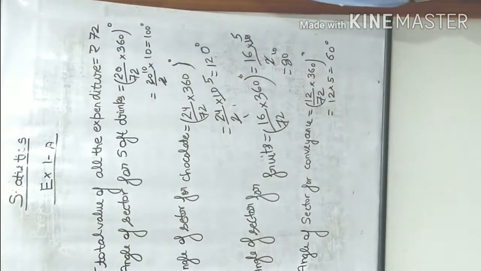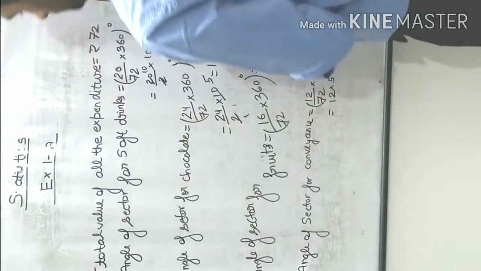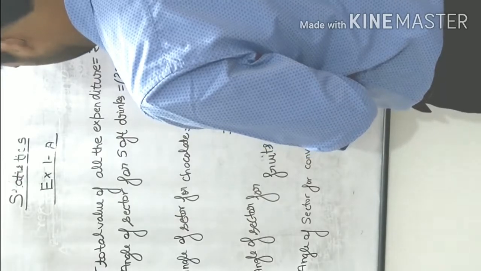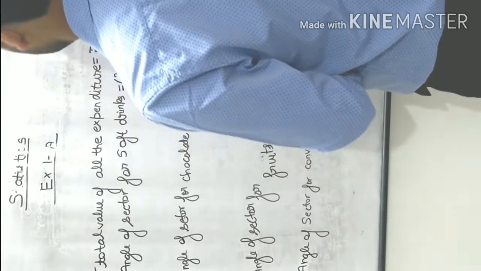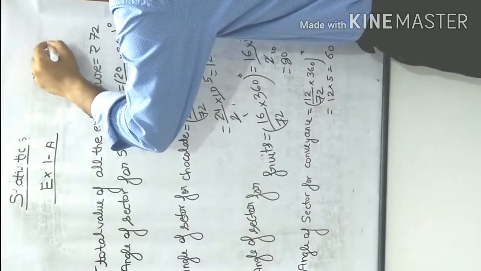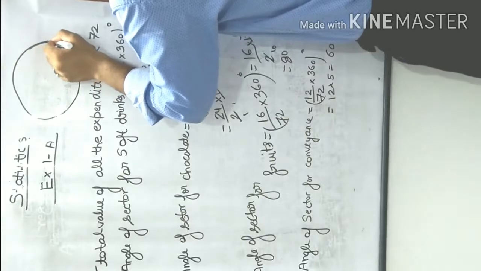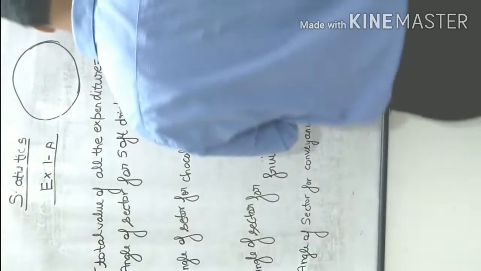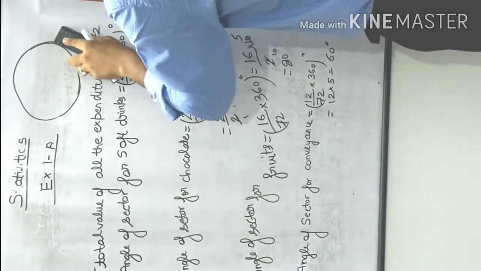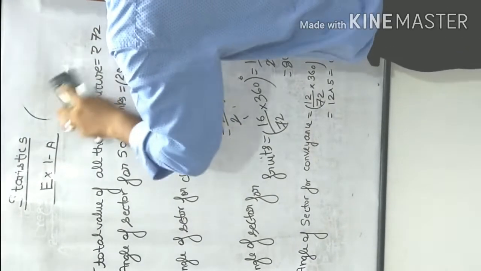After this, what is the work? See. Our work will be, we'll draw a circle big enough, or may rub it.